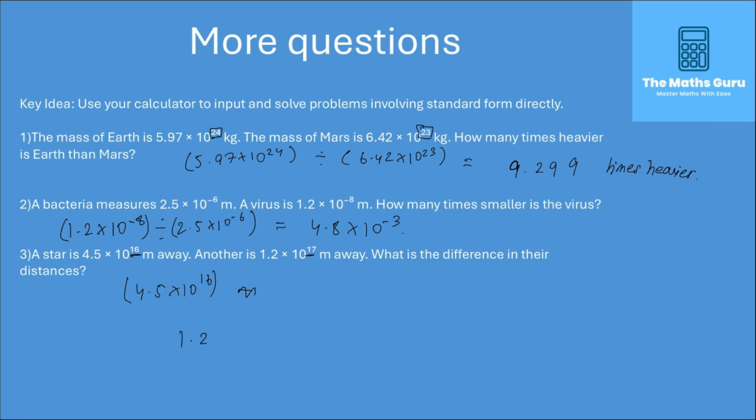So 1.2 times 10 to the 17 minus our 4.5 times 10 to the 16, let me put this in my calculator, times 10 to the 17 minus our 4.5 times 10 to the 16, because it is the difference between the two. So we get this equal to 7.5 times 10 to the 16.